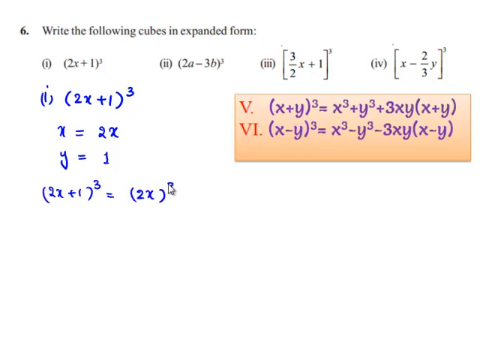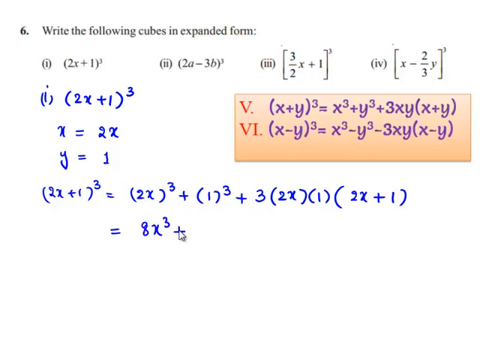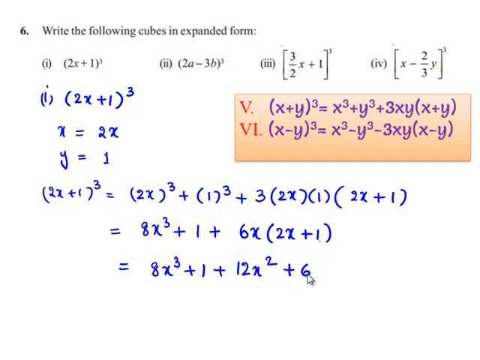(2x) whole cube plus 1 cube plus 3 multiplied by 2x multiplied by 1 multiplied by (2x + 1). This is 2 cube is 8 and x cube, 8x cube plus 1. 3 multiplied by 2x multiplied by 1 is 6x and this is (2x + 1), which becomes 8x cube plus 1 plus 6x multiplied by 2x is 12x square plus 6x multiplied by 1 is 6x.